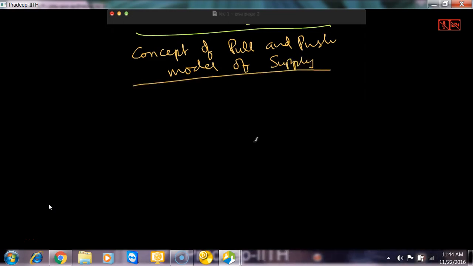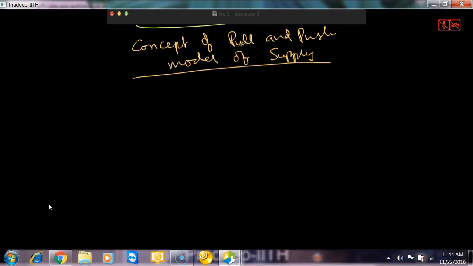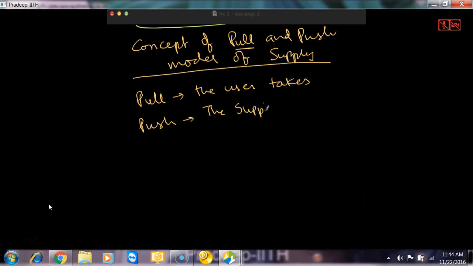What is the meaning of pull? Pull means the user takes. Push means the supplier gives.